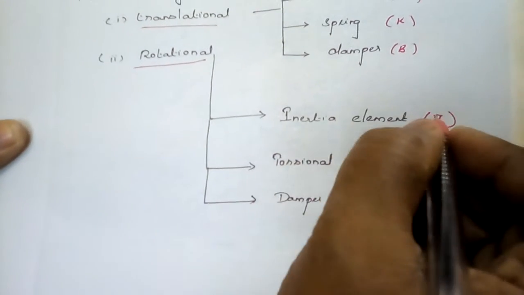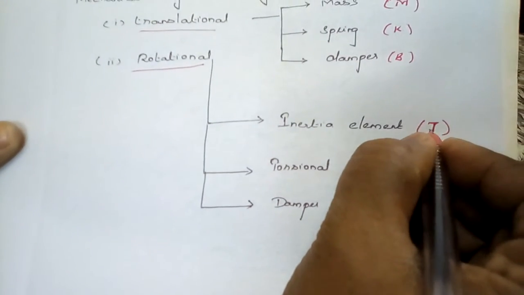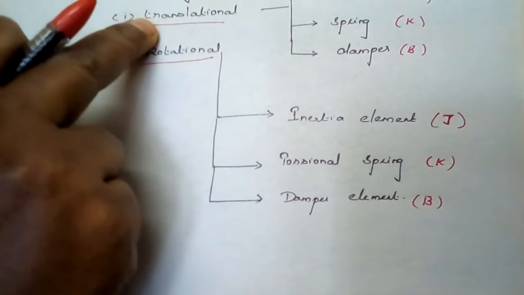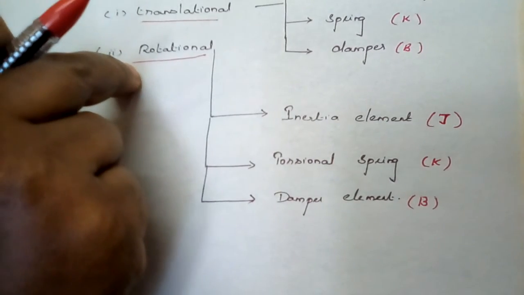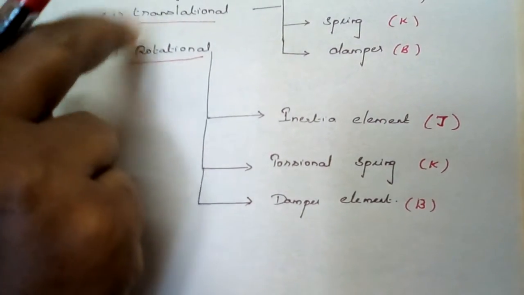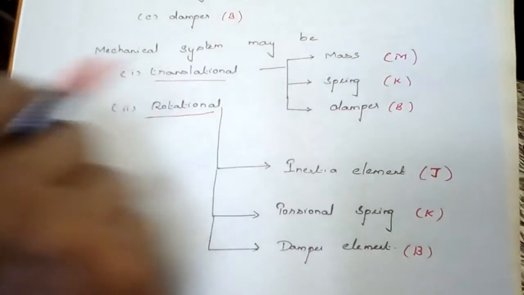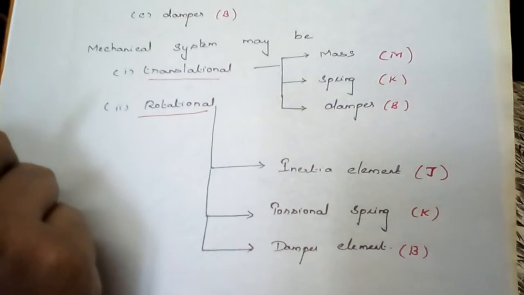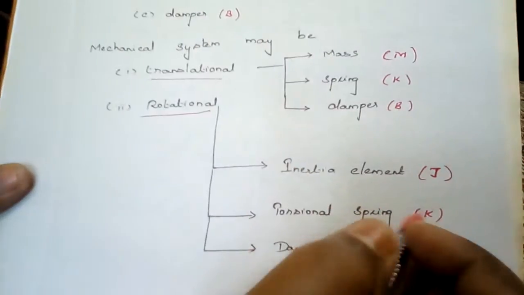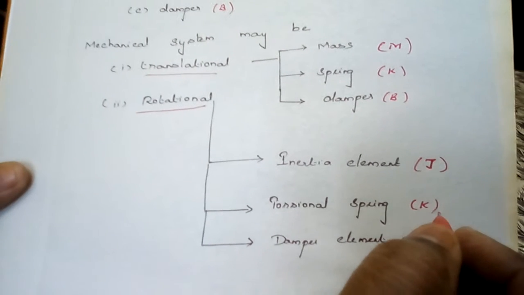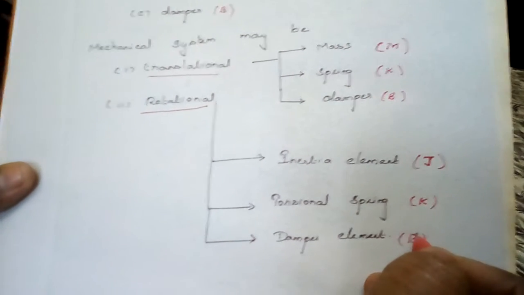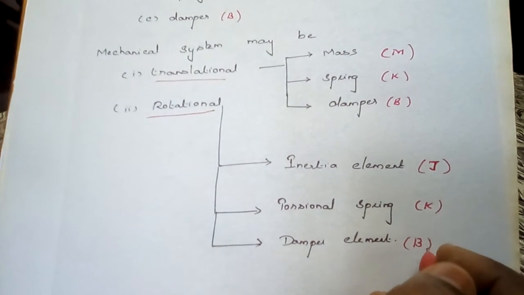By the notation, you realize that the translational element and rotational element are one and the same, only the name differs. The elements in the translation system are mass, spring, and damper, and in the rotational system, they are the inertia element, torsional spring, and the damper element.